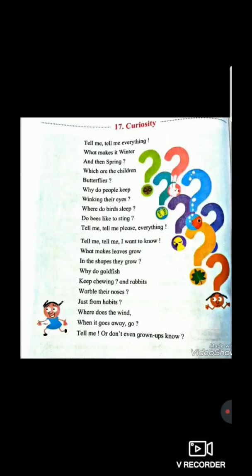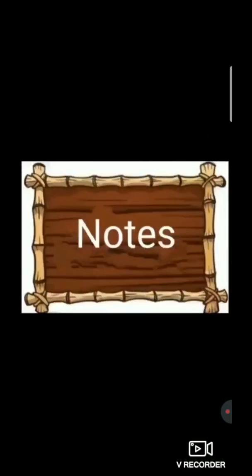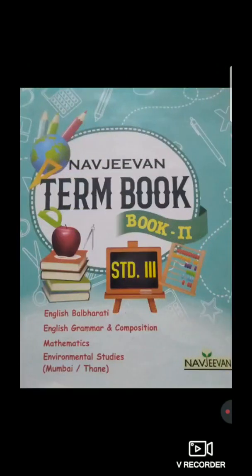So students, I had completed the reading part. Now, I am going to give you the notes of poem number 17, Curiosity. Everyone just open your combined book and take out your pencil.